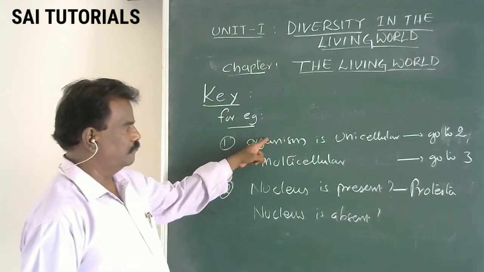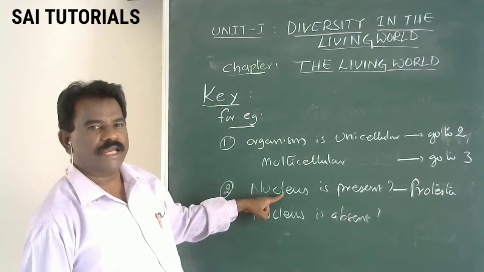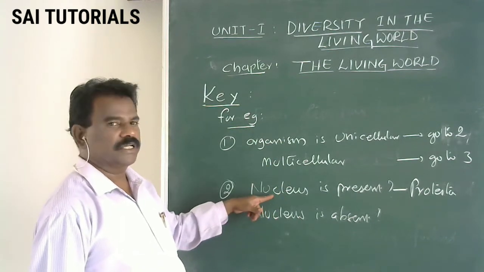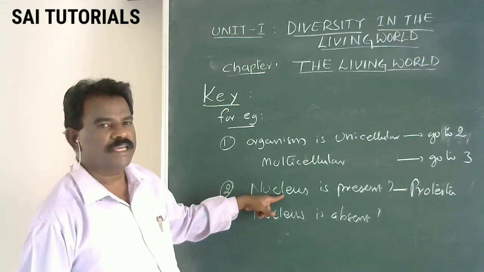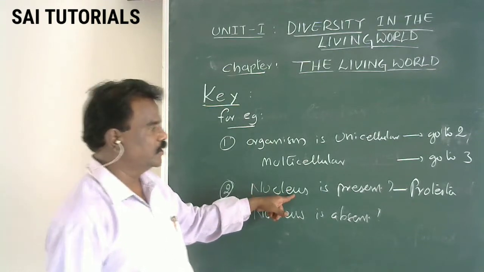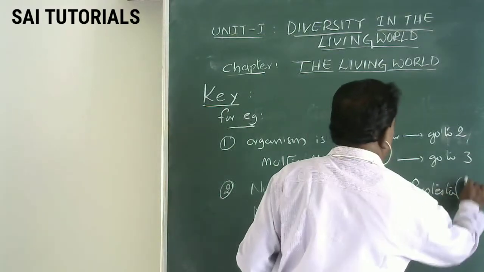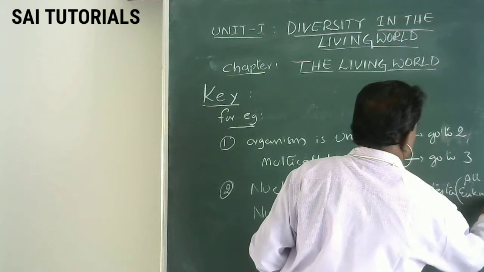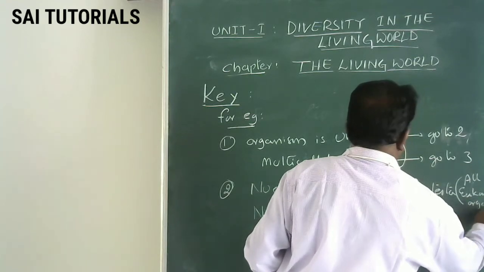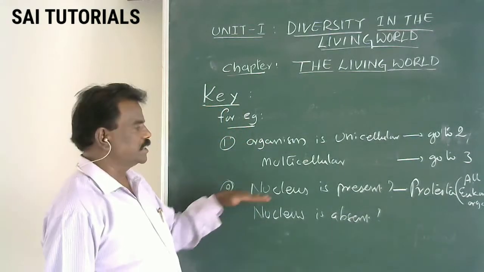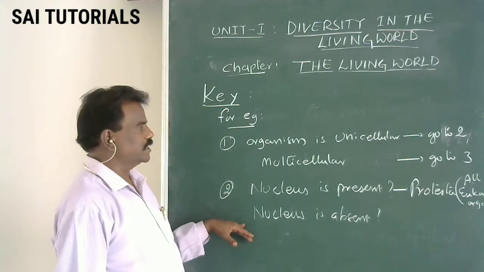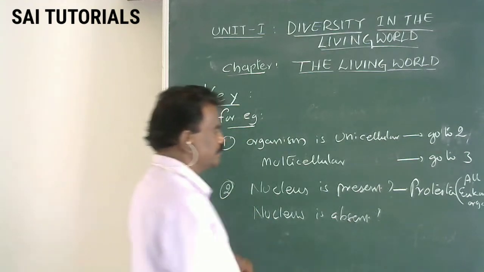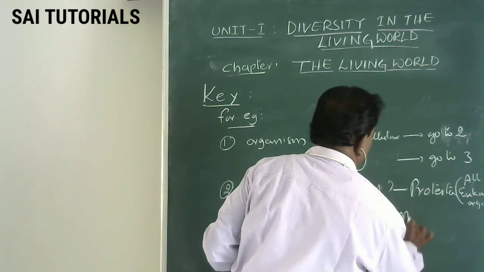If the nucleus is present, we can say it has a well developed nucleus, that is eukaryote, so Protista. If the nucleus is absent, that is Monera.